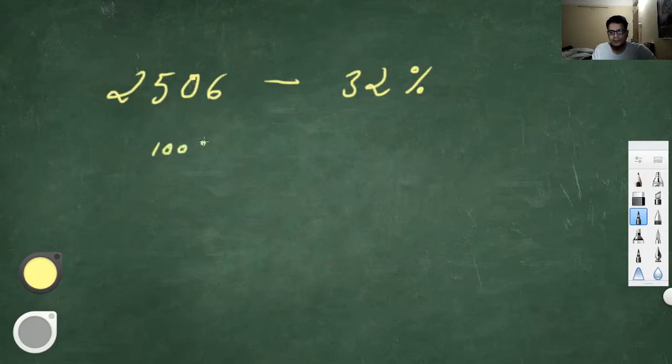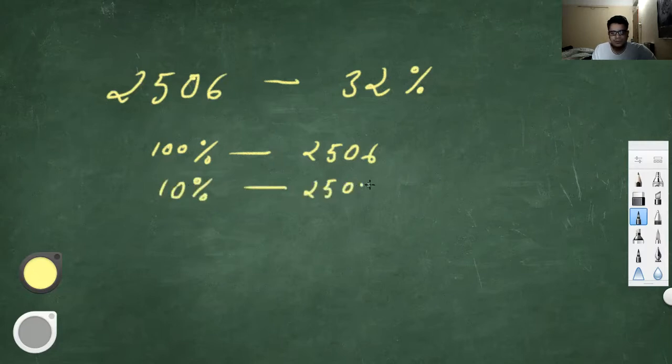So 100% is 2506, isn't it? Therefore 10% is going to be 250.6, right? And 1% is going to be 25.06, right?